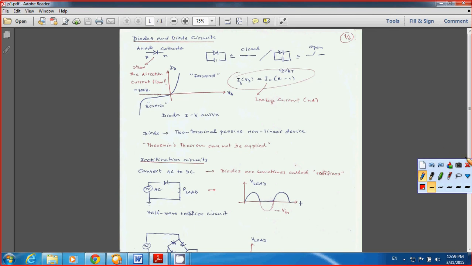And another point I want to mention here is that the plot, the relation of IV of the diode, is not linear, right?